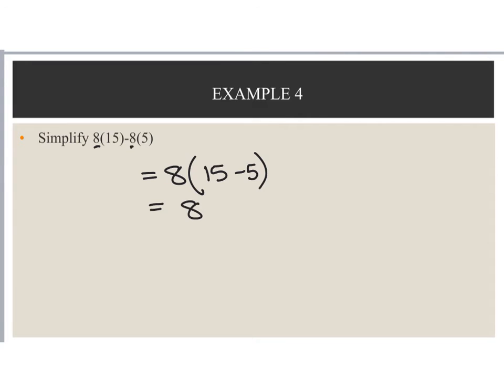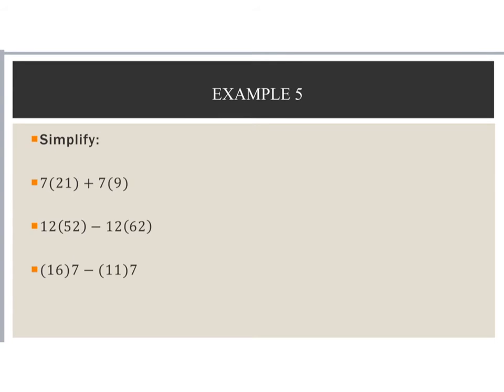Well, this really gives me 8 times 10, or 80. For example number 5, I can see that we have a 7 in front of both of these. So I can turn this into 7 times 21 minus 9, which is really 7 times 12. And 7 times 12 is going to give me 84.